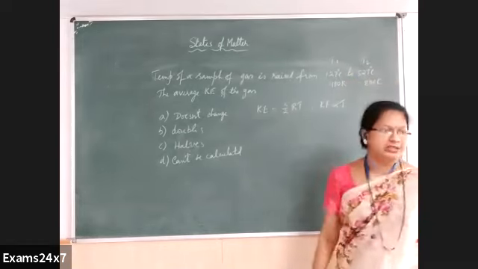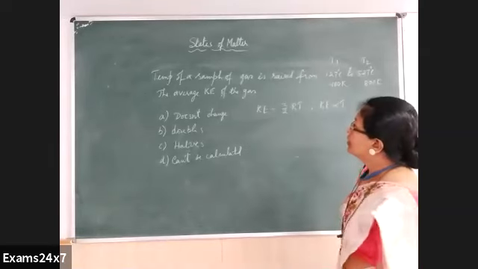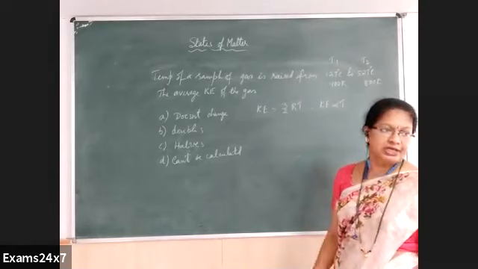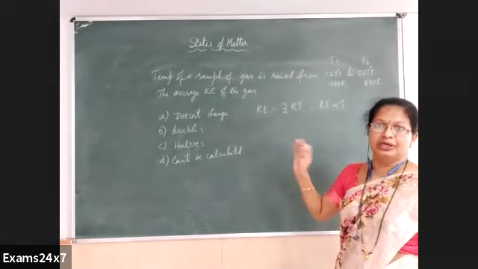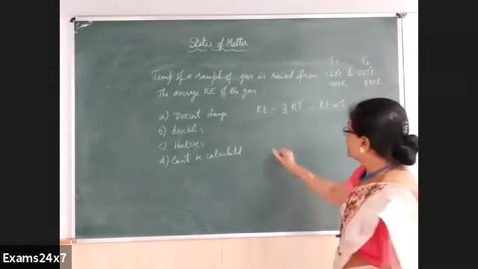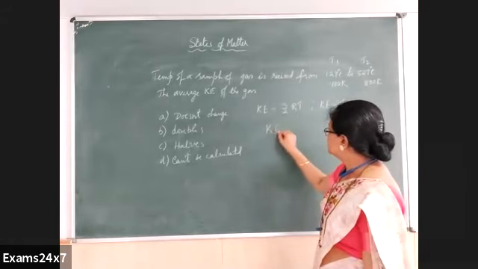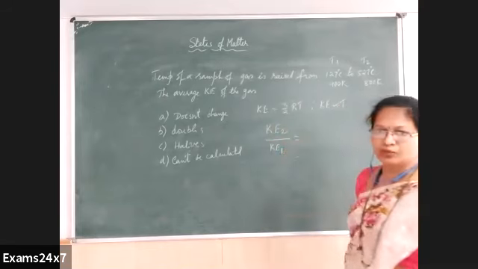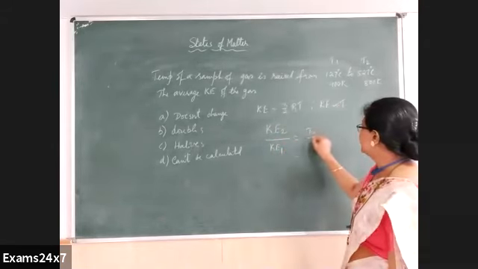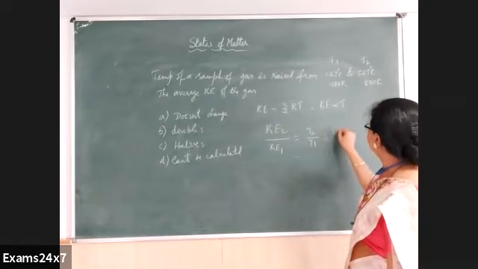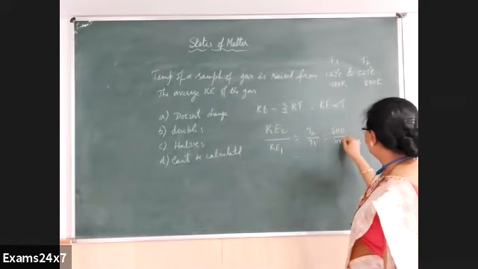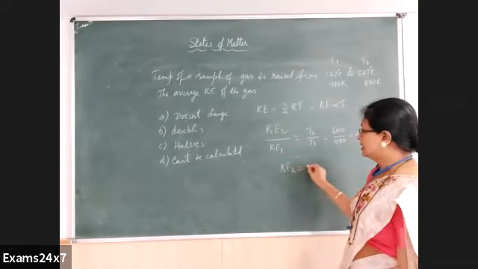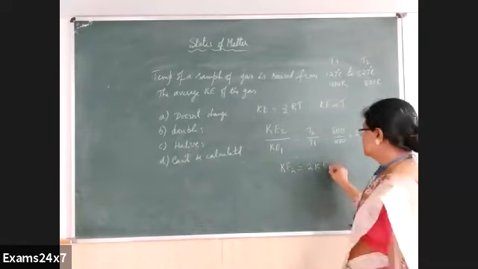What would happen to the average kinetic energy from condition 1 to condition 2? Take the ratio of kinetic energy 2 to kinetic energy 1, which is T2 by T1, that is 800 by 400, giving 2. Therefore, kinetic energy in the second case is 2 times that of the first state.